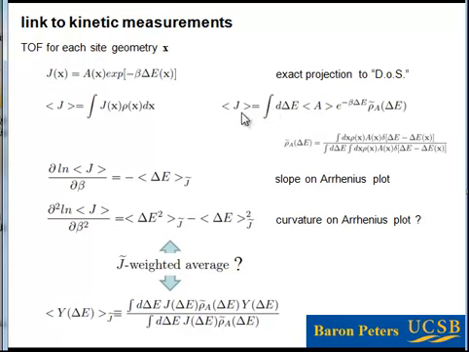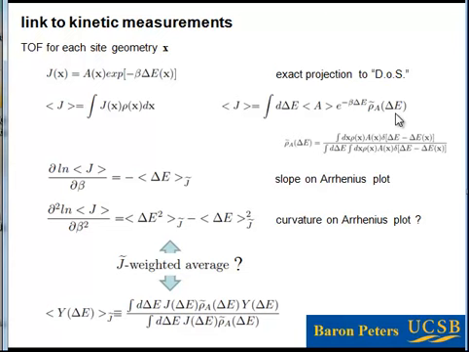And this is an equivalent way, in fact, no approximation, of writing things this way, because of the definition down here. If you care for the statistical mechanics, knock yourselves out and go through and derive this. But the key point here is that the average rate can be written exactly in terms of a modified distribution of states, a density of states, phrased in terms of the activation energies themselves.